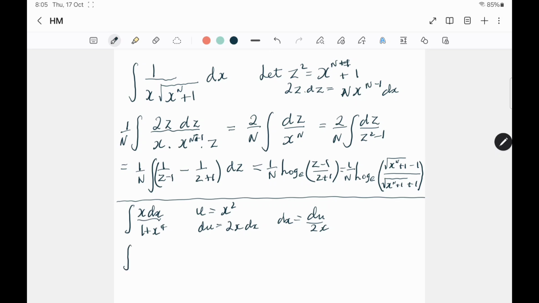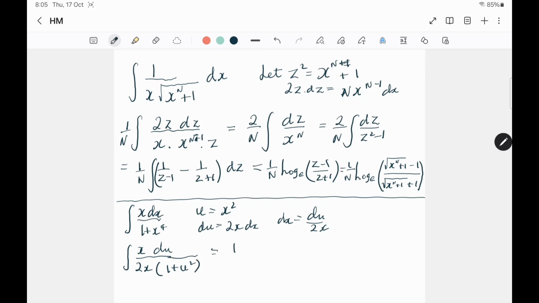Substituting back into the main integral, we get x du, the x that was there originally, and now replacing the dx, that's du over 2x, and the 1 plus x to the 4th would be 1 plus u squared.